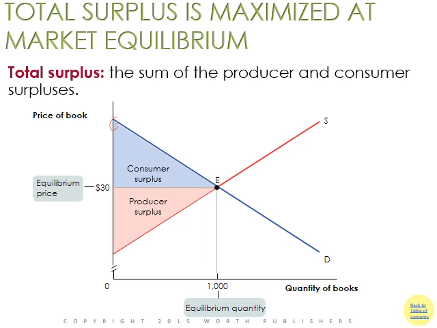In this case, the equilibrium price is the price point. Producer surplus is the area above the supply curve up to the price line. So the pink shaded triangle is our producer surplus. And total surplus then is the sum of consumer plus producer surplus.